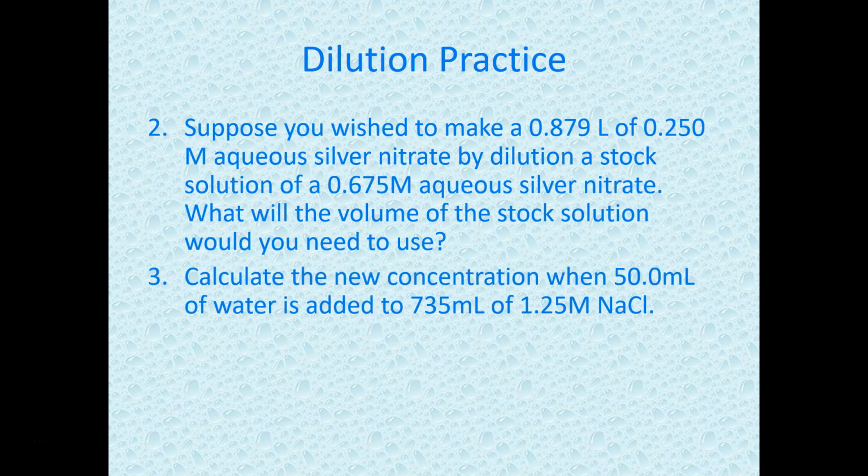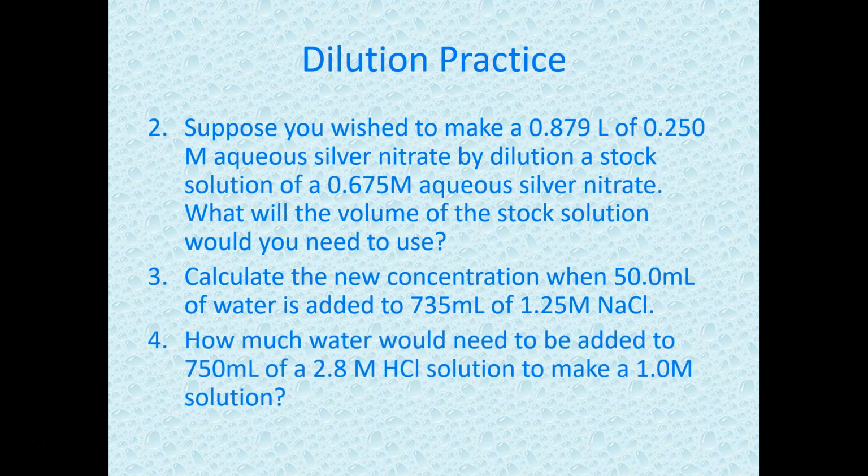I also want you to calculate the new concentration when 50.0 milliliters of water is added to 735 milliliters of 1.25 molar sodium chloride, and how much water would you need to add to 750 milliliters of 2.8 molar HCl solution to make a 1.0 molar solution.